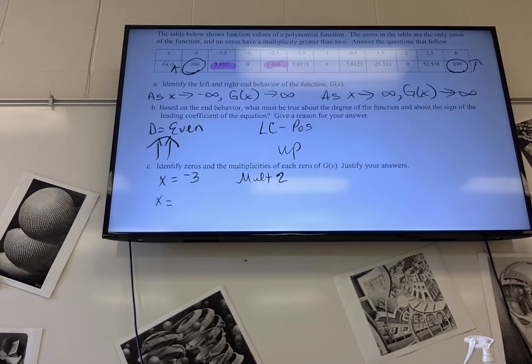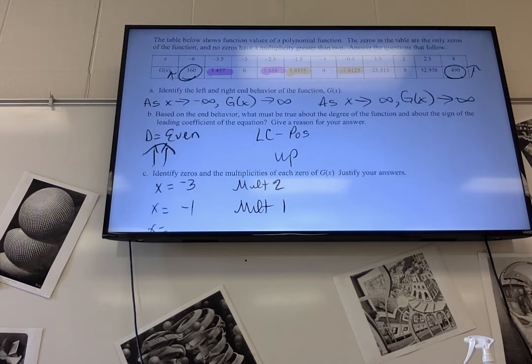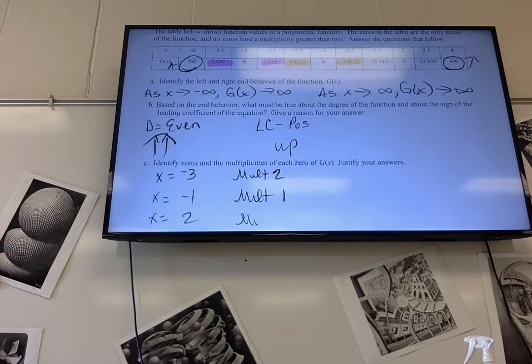Give me another one, Hazella. -1, and the multiplicity is 1. Again, signs have changed, so it's 1. And there's another zero, Shelby. 2, and the multiplicity is also 1, because the signs have changed. So no sign change for multiplicity of 2, and sign change for the other ones.